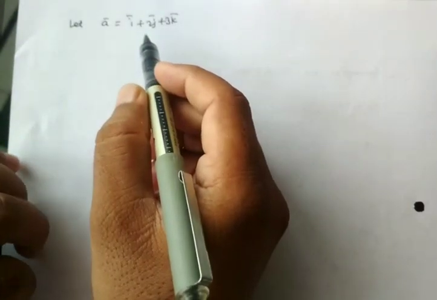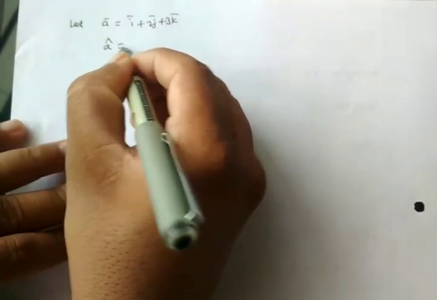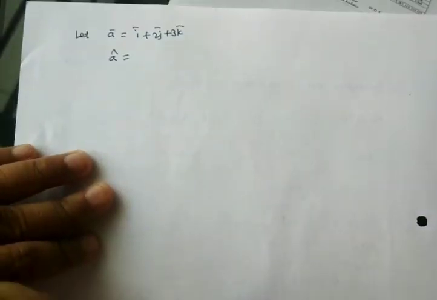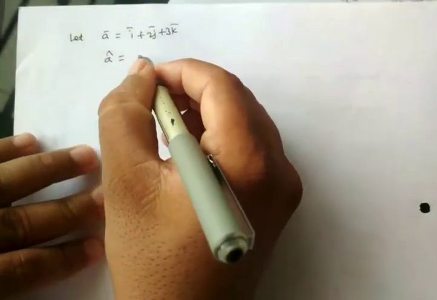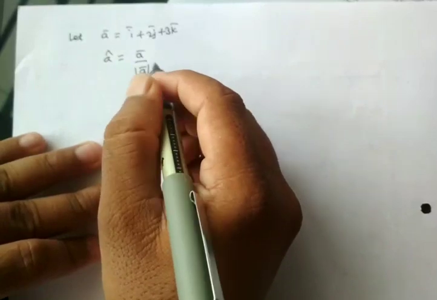Now we calculate the direction of this vector. a cap is equal to a bar upon mod of a bar.